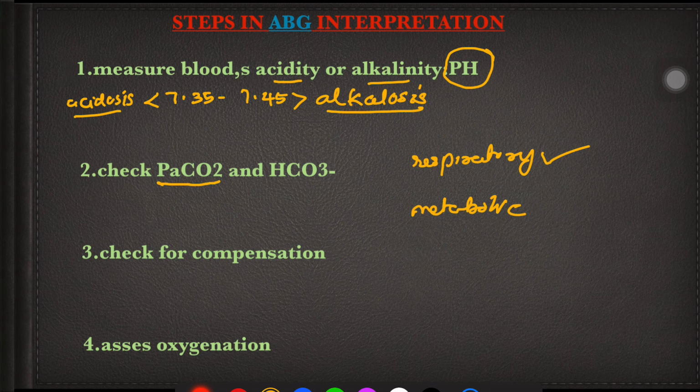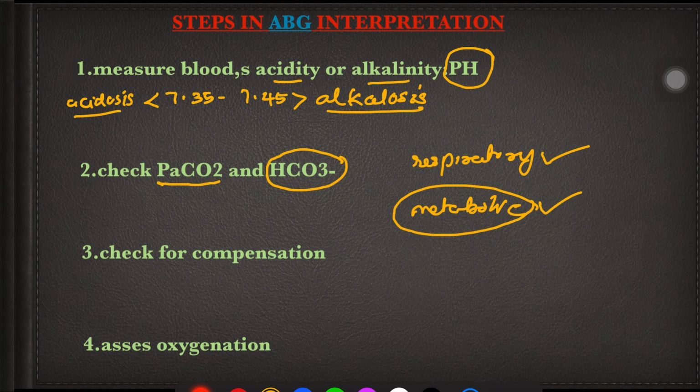So it is respiratory acid-base imbalance. And if bicarbonate level is abnormal, it is a problem associated with the metabolic system, because bicarbonate is the byproduct of metabolism. So any alteration in the bicarbonate level indicates metabolic acid-base imbalances.